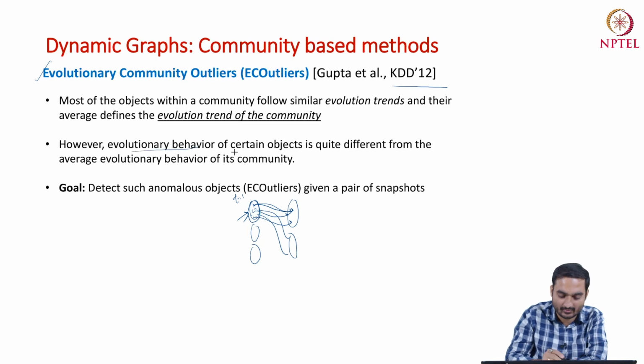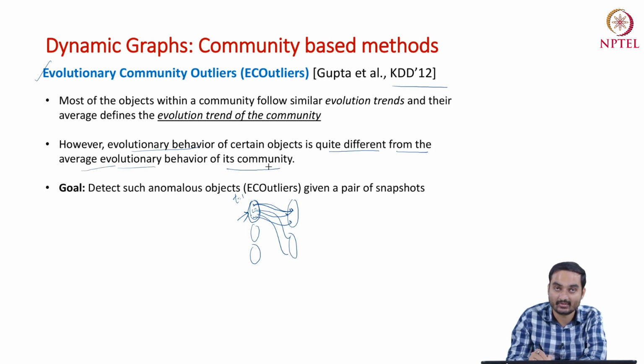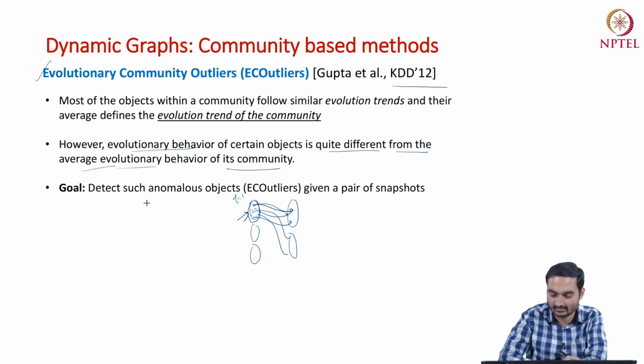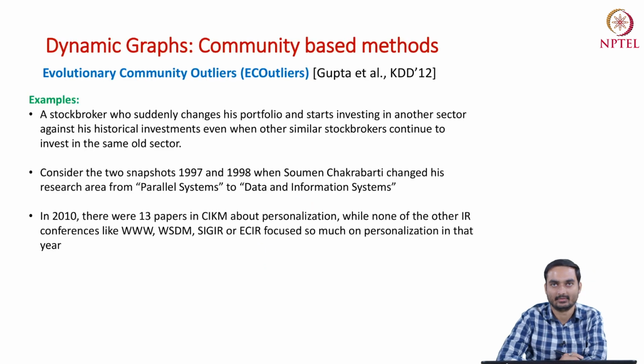So the evolutionary behavior of certain objects is quite different from the average evolutionary behavior of its community, and the goal is to detect such anomalous objects, given a pair of snapshots. So this is timestamp t1, timestamp t2, we look at every pair and we measure this abnormality. Let's take a few examples.